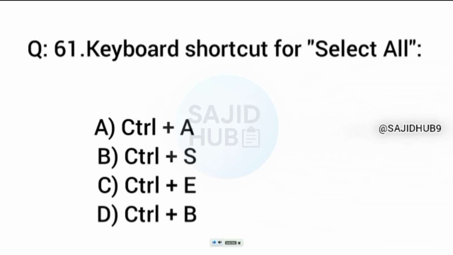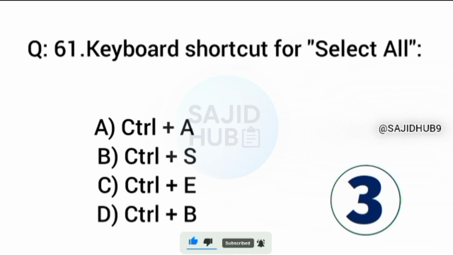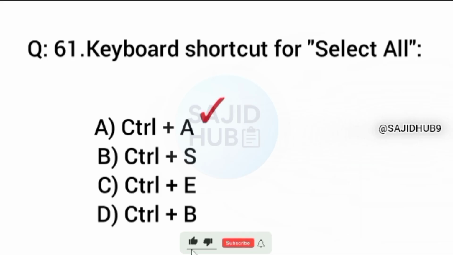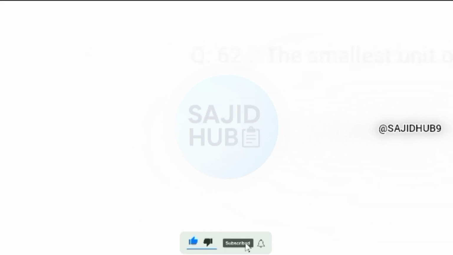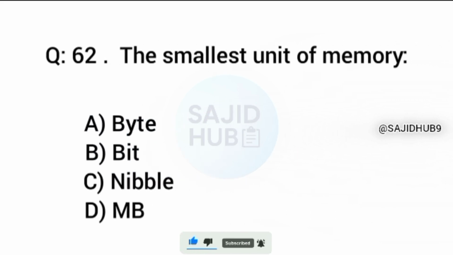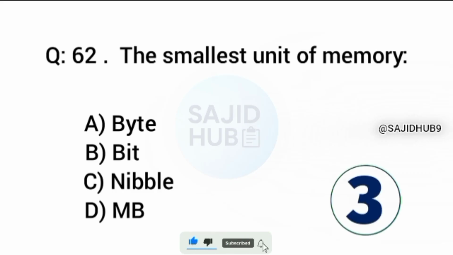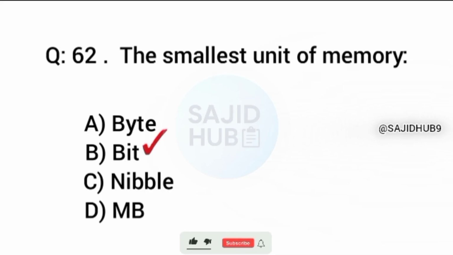Keyboard shortcut key for select all: Control plus A. The smallest unit of memory: Bit.